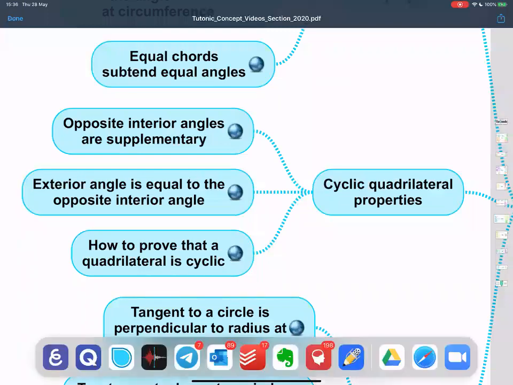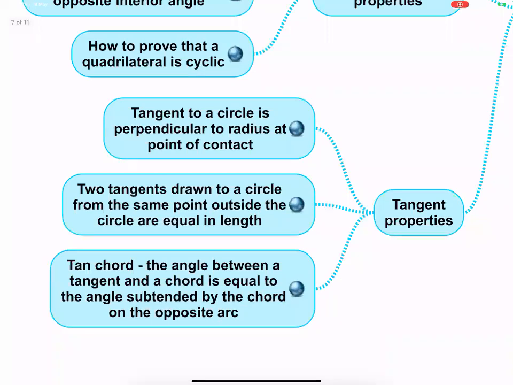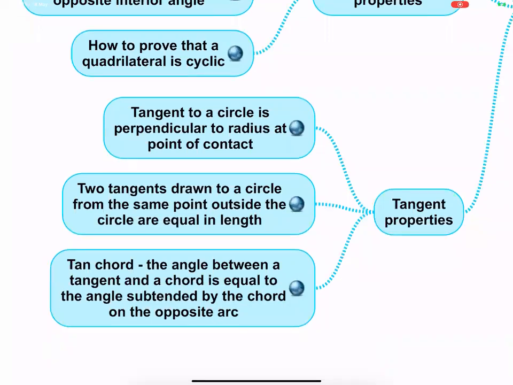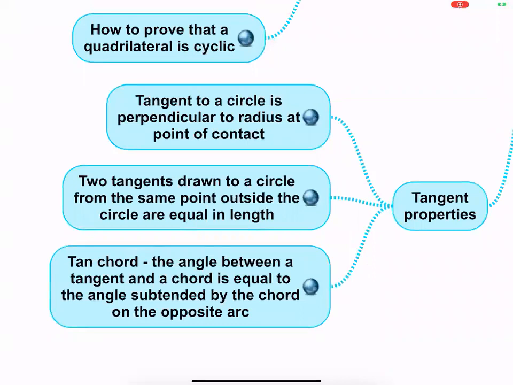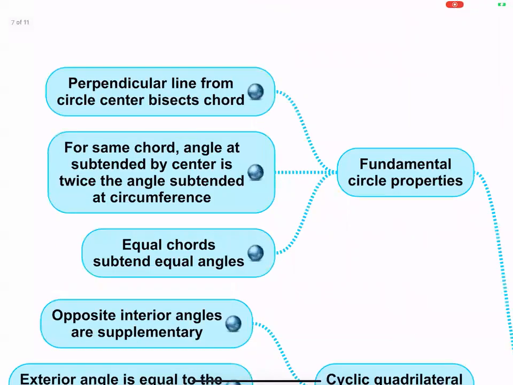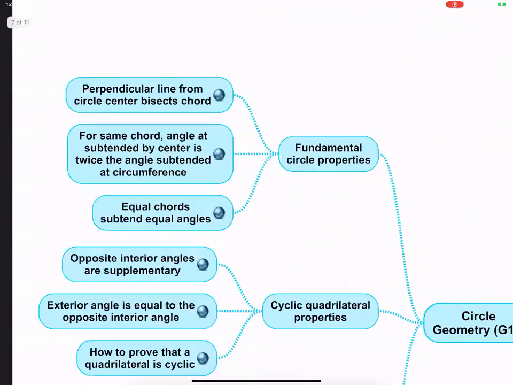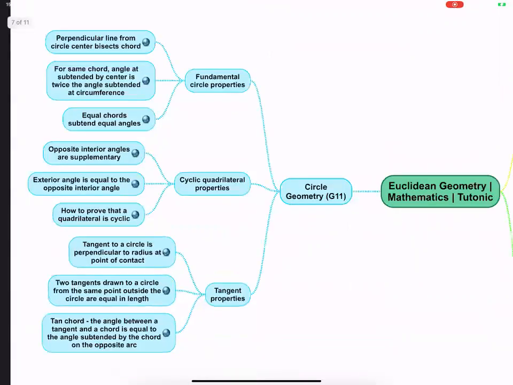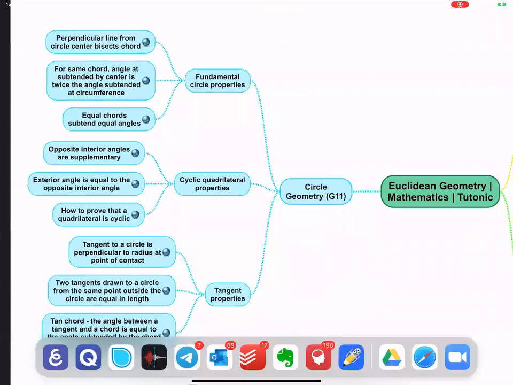And then here are the 3 properties of the tangent. You see how beautifully it's laid out? So there's 3 properties of tangent, 3 properties of the cyclic quad, and then 3 fundamental circle properties. So I want you to really memorize it, say it over and over again so that it becomes almost automatic.